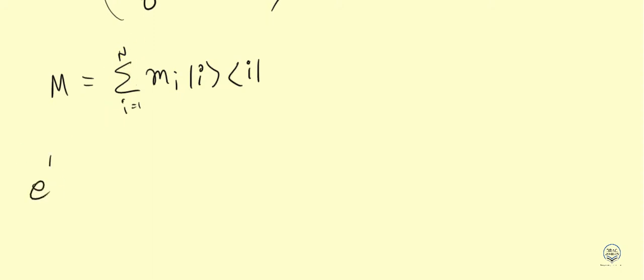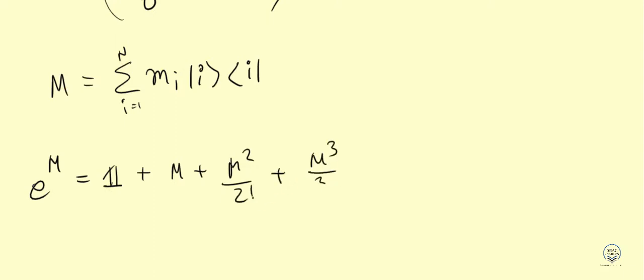So let's now try to evaluate like this. Again, we will start with the identity matrix, and then we want to expand this M in terms of those powers, right? So again, it will be M plus M squared by 2 factorial, M cubed by 3 factorial, and so on.